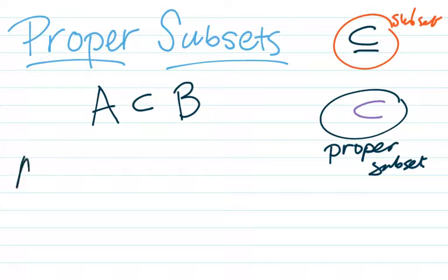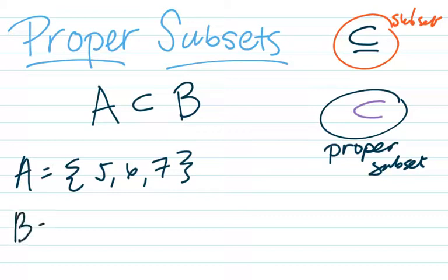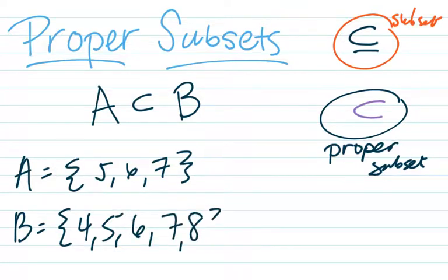So if A is equal to 5, 6, 7, and B is equal to the set containing 4, 5, 6, 7, and 8, A is a proper subset of B because the elements of A are in B, but they are not equal because A is missing 4 and 8.